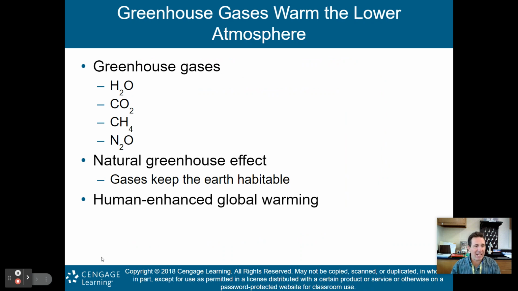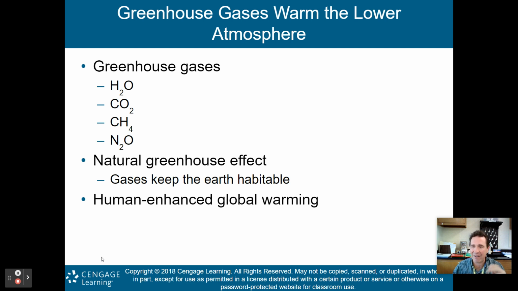In addition, greenhouse gases warm the lower atmosphere. We'll talk more about this. We have a whole unit on greenhouse gases coming up. But as I've said before, I believe in this class, the greenhouse effect is a good effect. If we didn't have these gases warming the lower levels of the atmosphere, the average temperature on planet Earth would be 0 degrees Fahrenheit, which means no life would have formed on this planet.